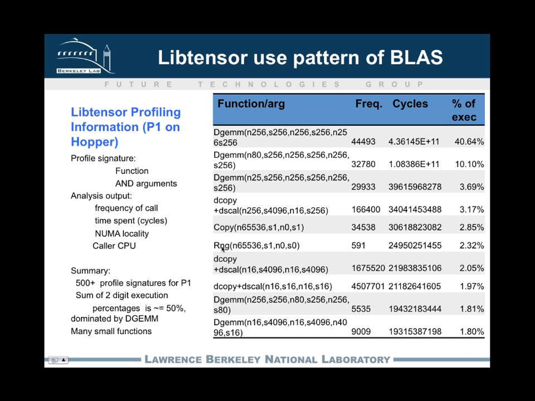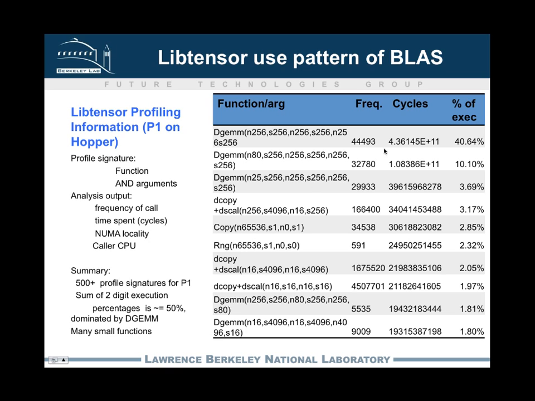For the smallest problem we found more than 500 signatures. So there's not a single routine or a few routines that are heavily called; the work is distributed across many routines. Most of them are DGEMM, but DGEMM is called with many input parameters.